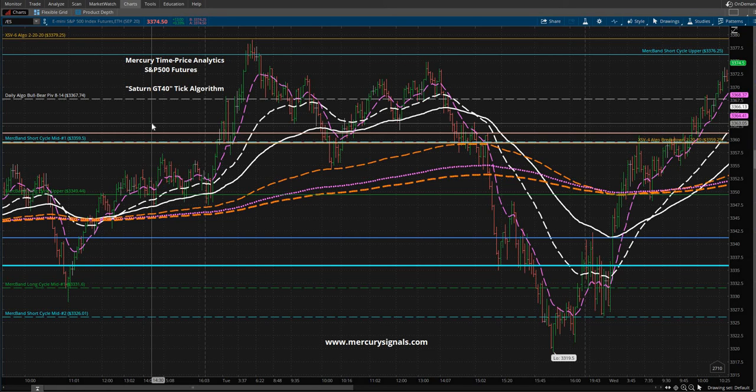And last night, when I was finishing this up, my wife and I sat down and watched Ford versus Ferrari. Great movie, by the way. The Saturn part of it, the Saturn is a whole series of algorithms that we're developing. When we watched that movie, I thought, why not? Saturn GT40, bingo. I wish I could tell you the number 40 is in there so you could try and unscramble how this works. It's not.